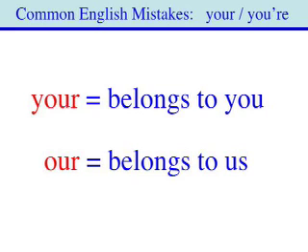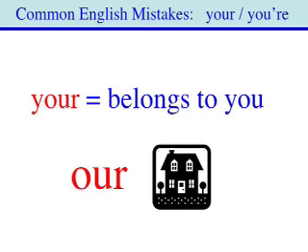If substituting the word our makes sense, then the correct spelling for the word your will be the one that ends with O-U-R. For example, if a house belongs to us, it is called our house, O-U-R. And if the house belongs to you, it is called your house, and you use the your that is also spelled with an O-U-R.